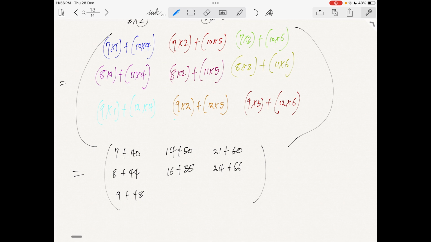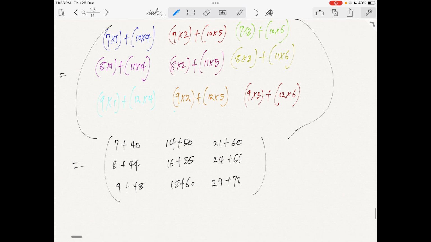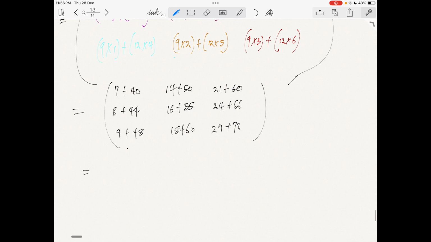And 18 plus 60. 27 plus 72. Now at the end, we will see that 47, 64, 81, 52, 71, 90, 57, 78, 99.